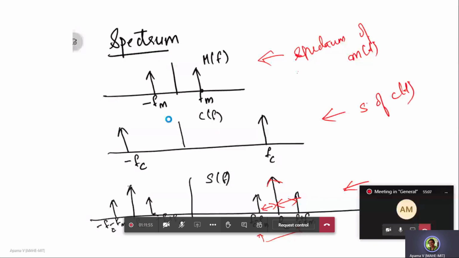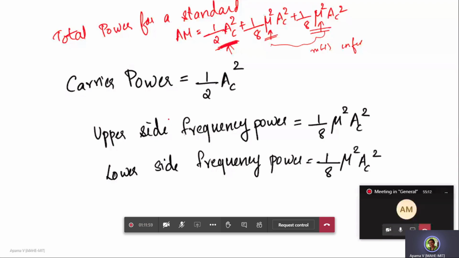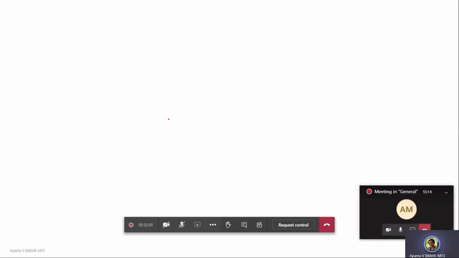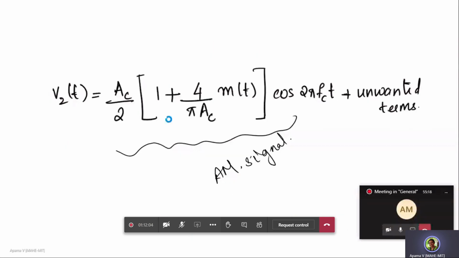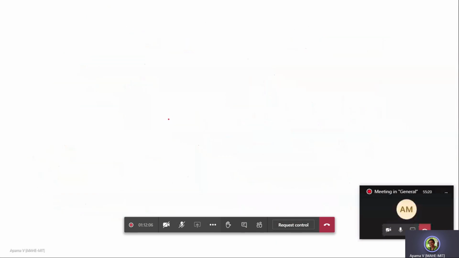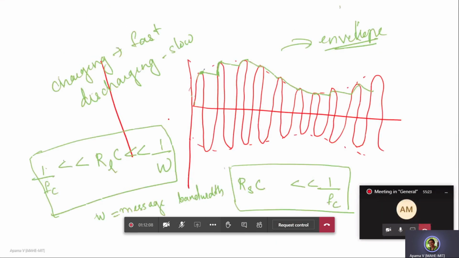Are you getting it? So what to do? There came the solution: double sideband suppressed carrier.